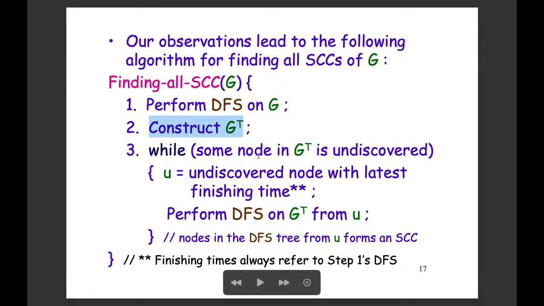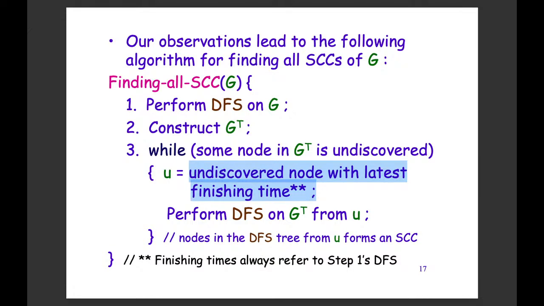And finally, the third part here, it seems like we need to find out the latest node with finishing time, but it's not necessary to do so by doing the searching of the node.